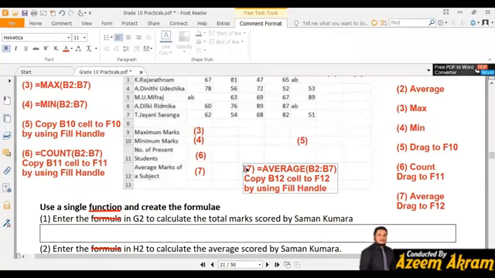Okay, so average of B2 colon B7, copy the B12 cell to F12 by using the fill handle.